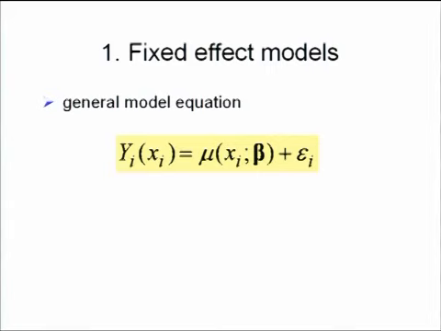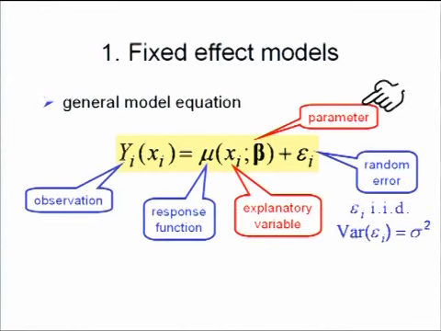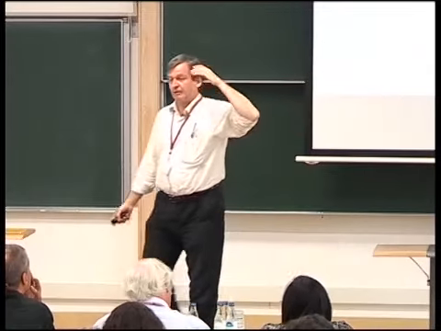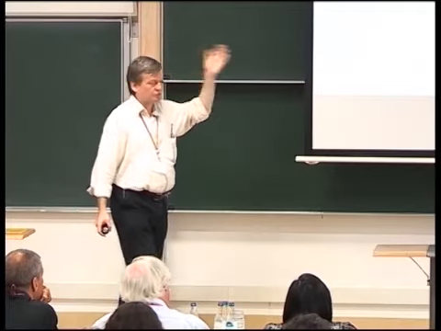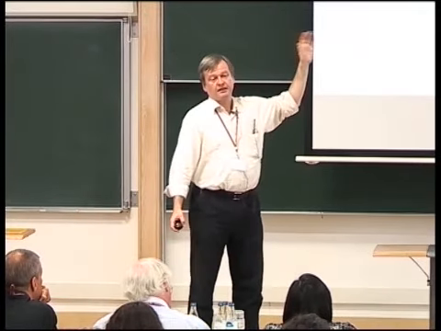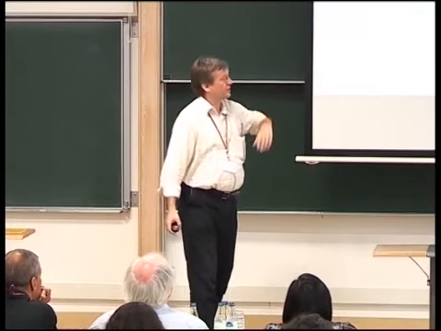Okay, what's a fixed effect model? Just start off, we have a lot of things in there, just some notation. We have some observations, usually denoted by Y. We have some explanatory variables, which are, for example, the time points at which we are measuring the concentration, or the different alternatives we present.